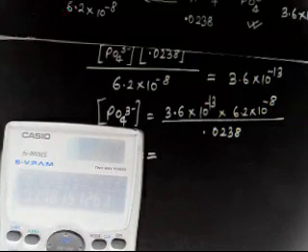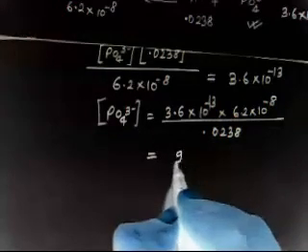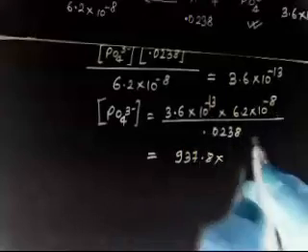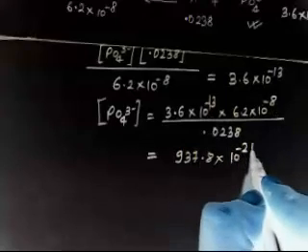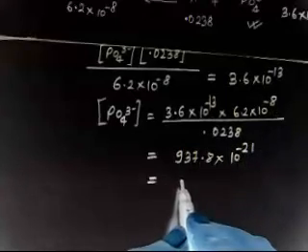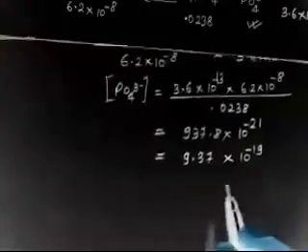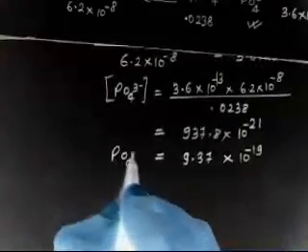This value comes out to be 937.8. So 937.8, and the powers give 10 to the power minus 21. So you can also write 9.37 into 10 to the power minus 19. So this is the concentration of PO4 3 minus.